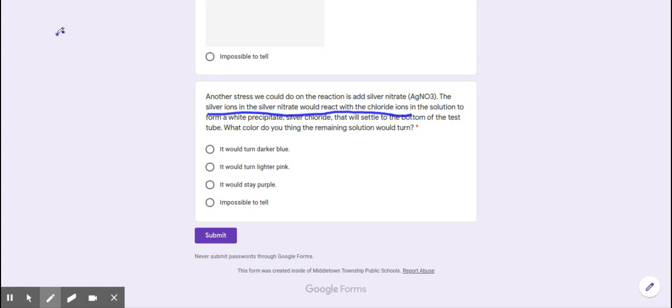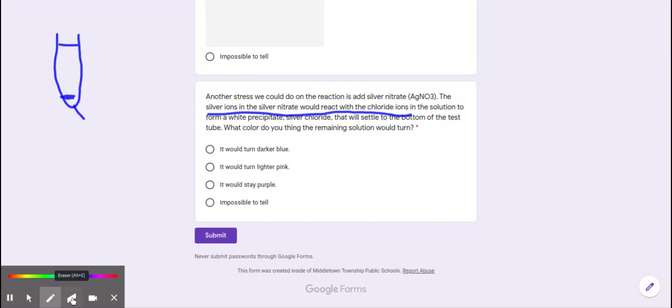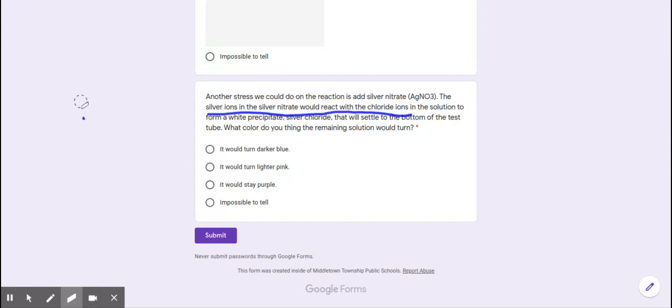So in the test tube, here's the liquid, you would have a precipitate right down here on the bottom. But what's happening is when you form that precipitate, we're using up the chloride. So we're removing chloride ions.